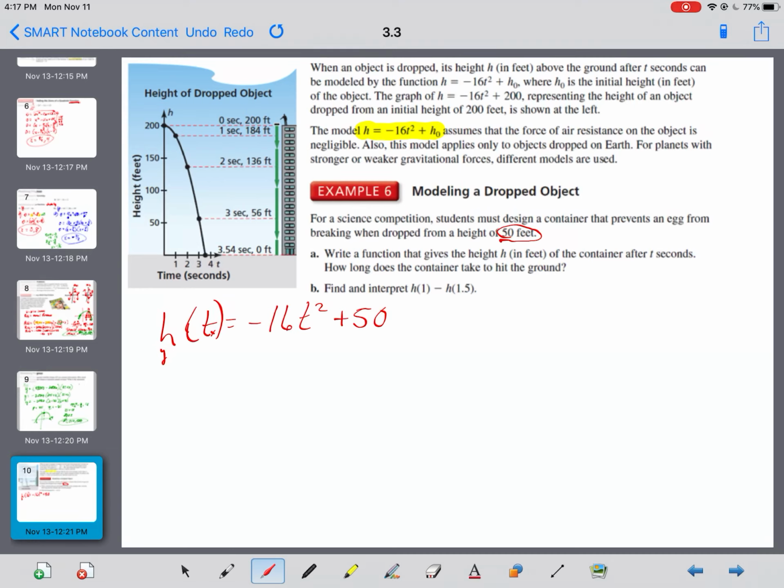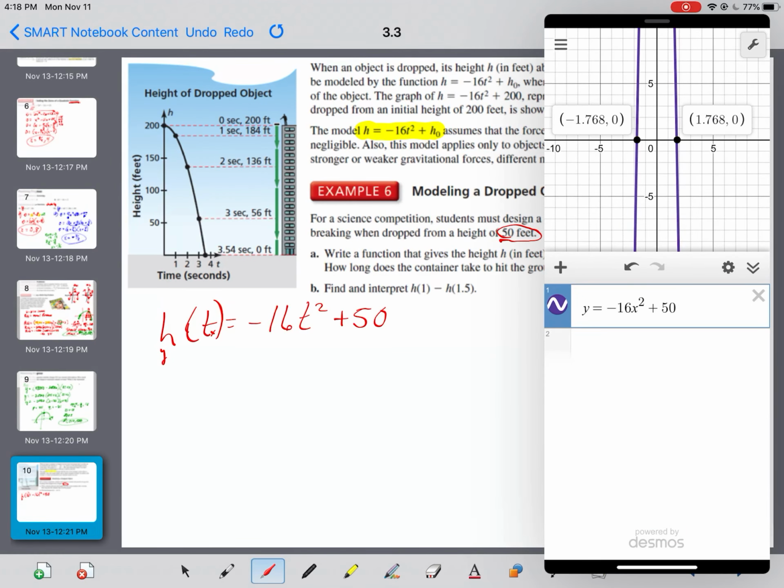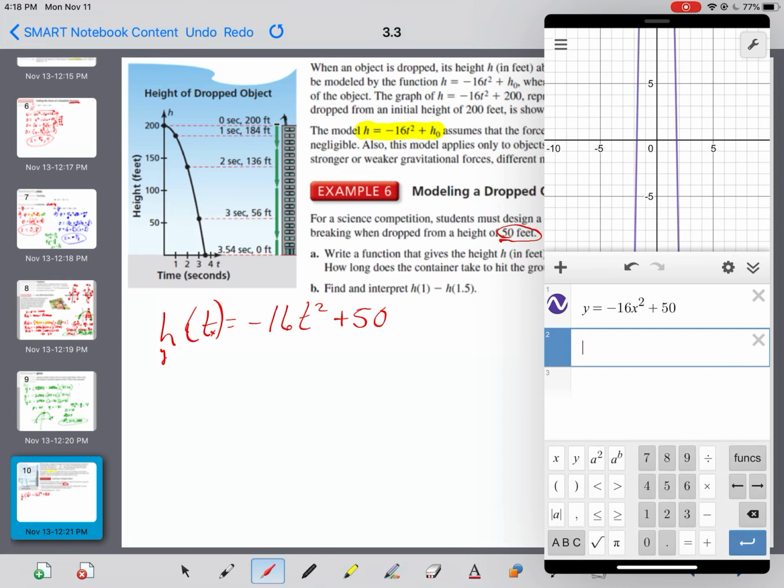So h of 1 is after 1 second versus after 1.5 seconds. So h of 1 minus h of 1.5. Well, we'd have to figure out what h of 1 is. And luckily I have a thing for that.